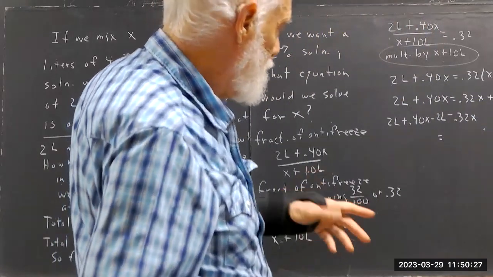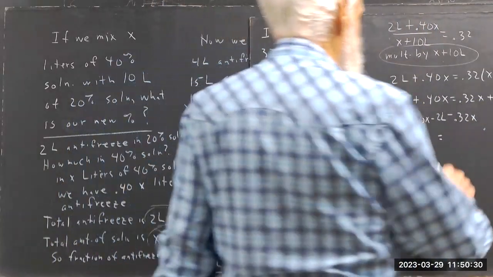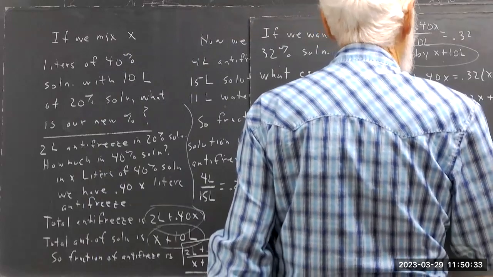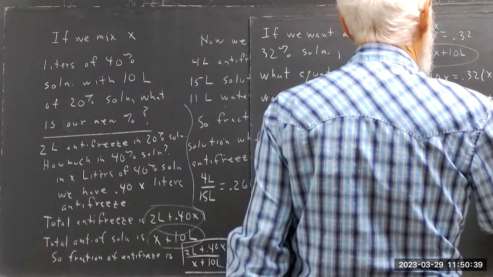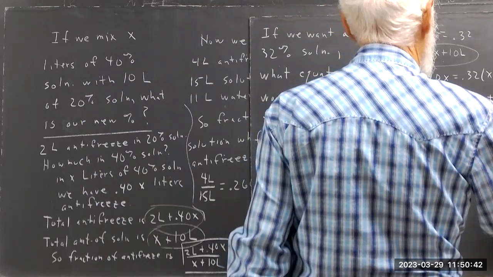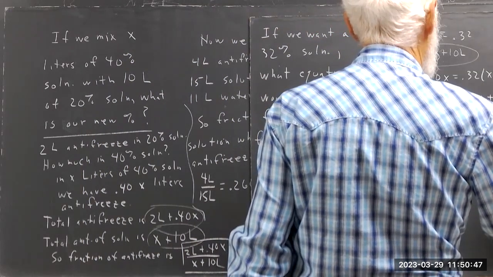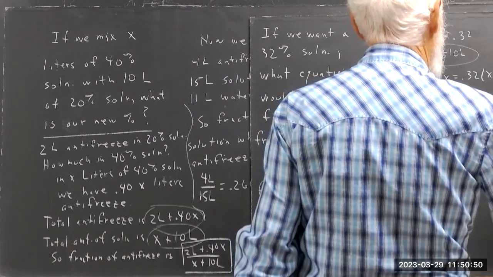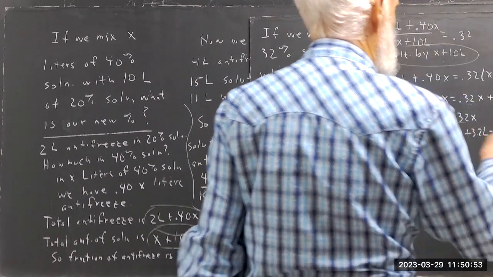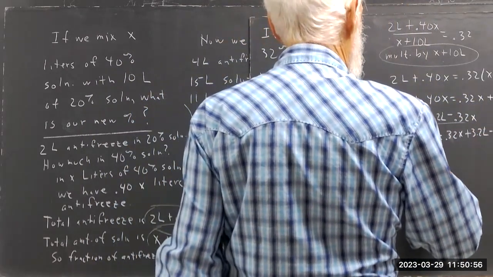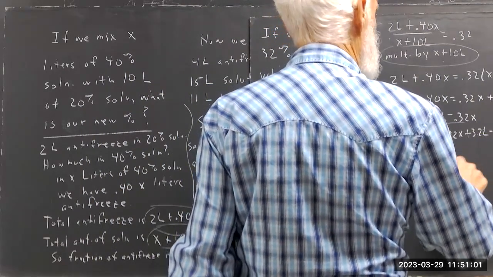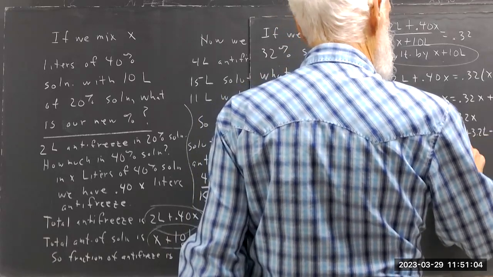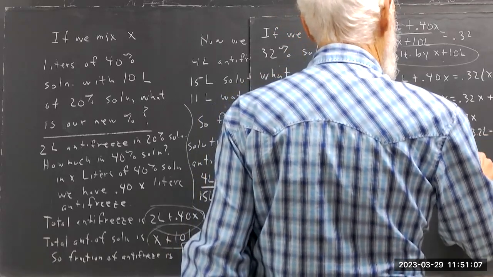We subtract the same thing from both sides, and we end up with 0.08x equals 1.2 liters.